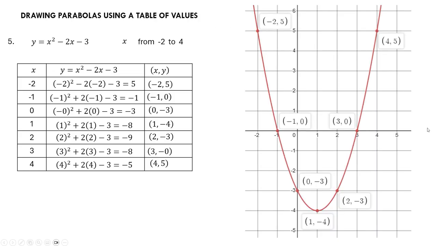And sure enough, there it is. Our x-intercepts, where the graph crosses the x-axis, are -1 and 3. Our y-intercept is -3. And our vertex, this pointy end here, is 1, -4.